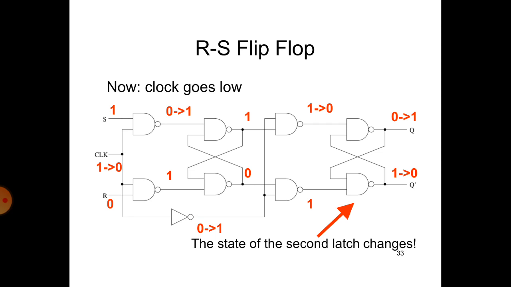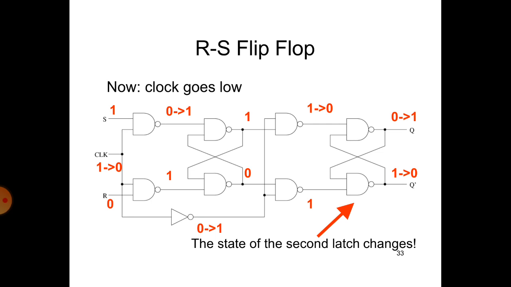So S and R are the two inputs. The clock is the second input of the two gates respectively, will be 0 or 1 according to the condition, and Q and Q bar. The output of the first latch is Q and Q bar, so that will be given to the input of the third and fourth NAND gate respectively.